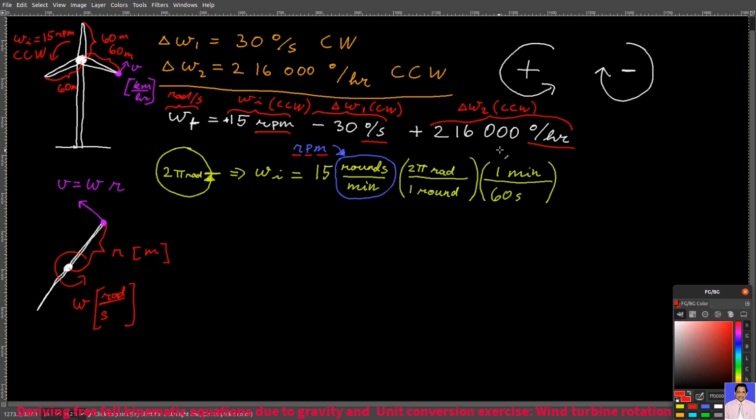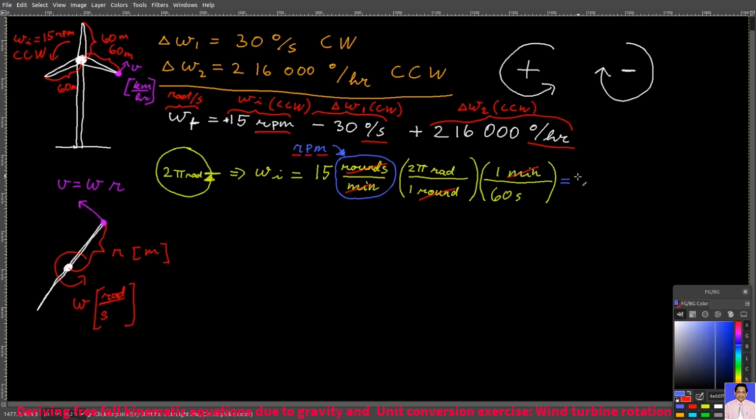Or I could have written 2 minutes and 120 seconds, and then simplified them to 1 and 60. And now I can cancel out the rounds and the minutes, and I'm left with radians and seconds.